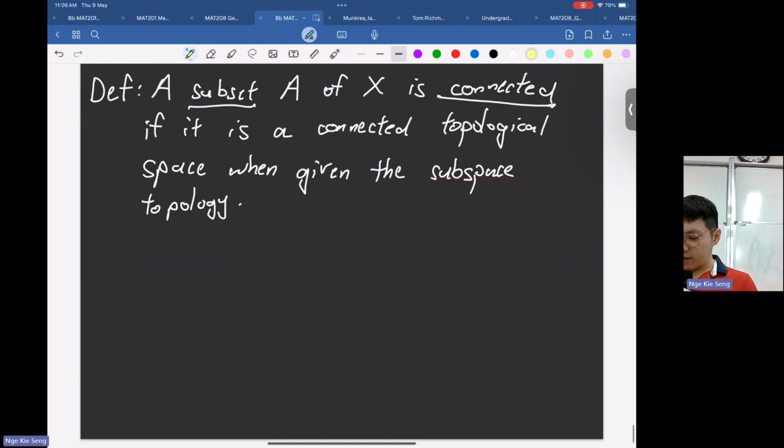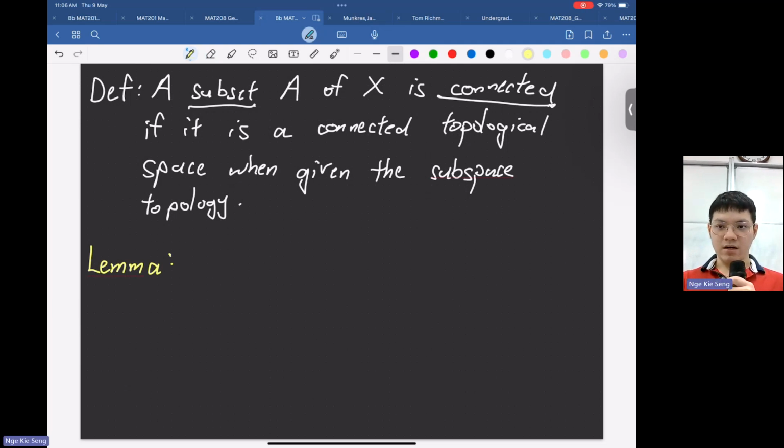And then lastly, we give this criterion for checking whether a subspace is connected.